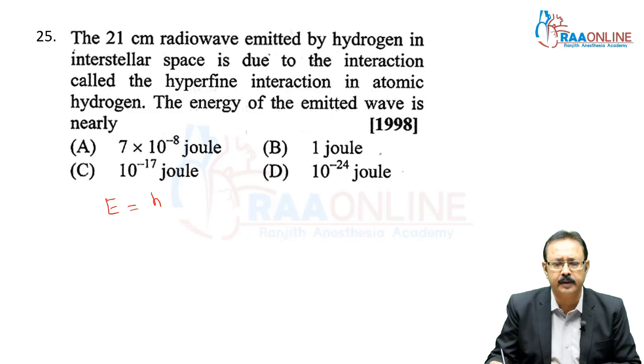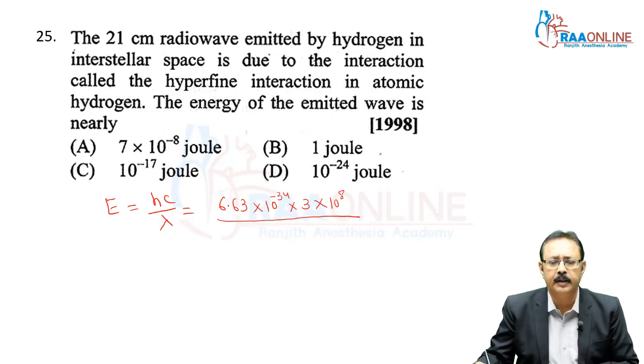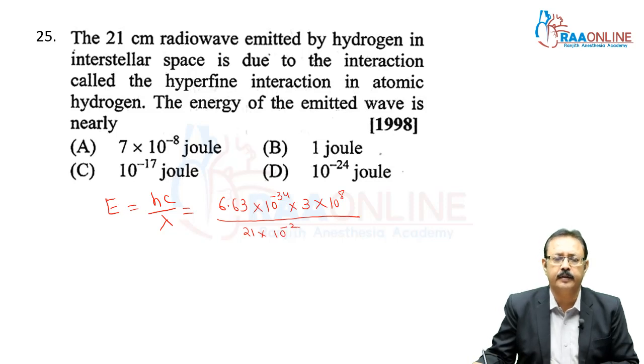Only one formula is there, hc by lambda. What is h? 6.63 into 10 to the power minus 34. What is c? 3 into 10 to the power 8. Lambda is 21 centimeter, and centimeter means 10 to the power minus 2 meter.